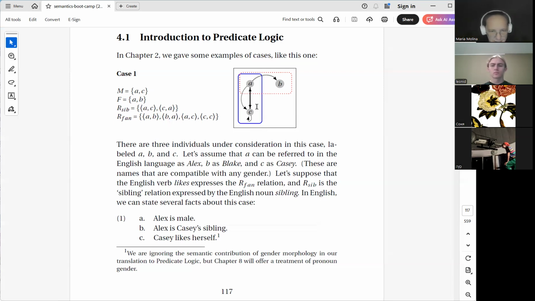Errors on both sides. Casey likes herself. It doesn't mean that Casey is a girl. Well, themselves. Yeah, themselves. Not herself.